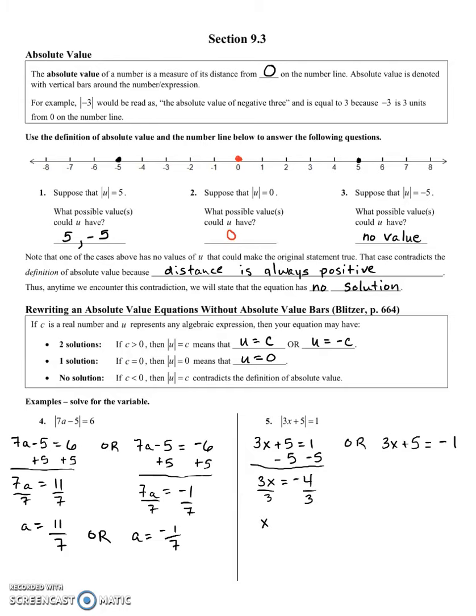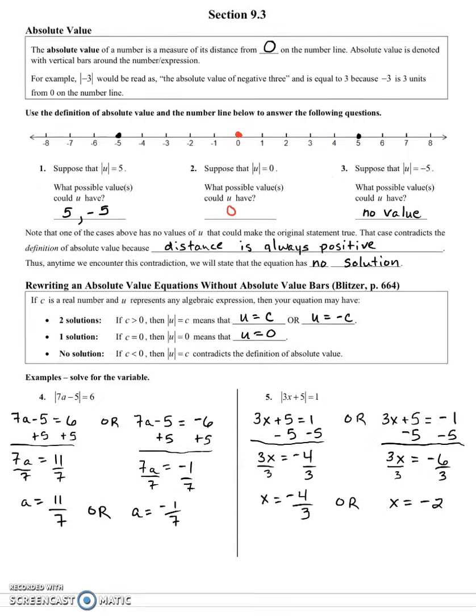We get x equals negative 4/3. Solving the second equation, subtract 5 from both sides again. We get 3x equals negative 6. Divide by 3, we get x equals negative 2. So our two solutions are x is either negative 4/3 or x is negative 2.